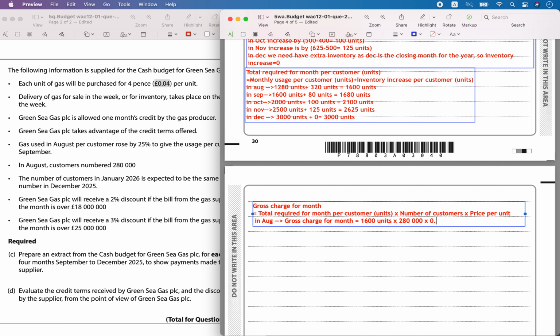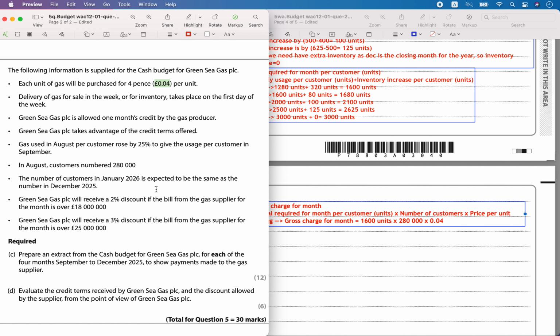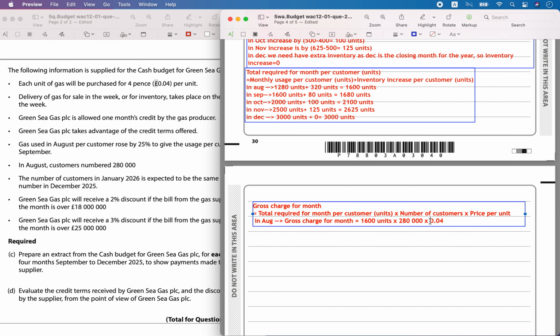into 280,000 times 0.04, that is going to be equal to 1,792,000 pounds.